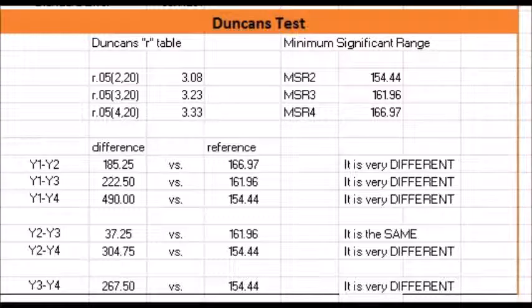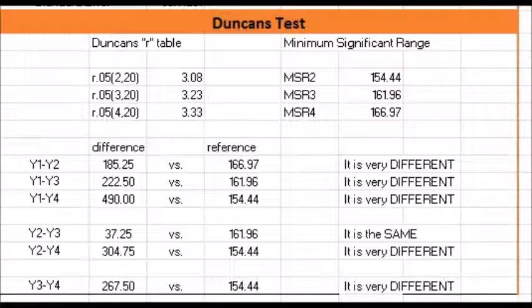The next thing you want to do, to prove whether they are different or the same, is to get the difference versus the reference. The reference is the value you got from the minimum significant range, ordered from greatest to lowest, and you have to compare it against the difference in the average values.